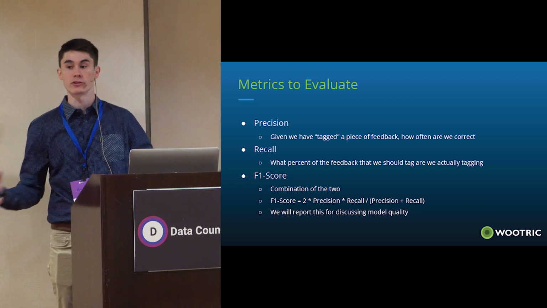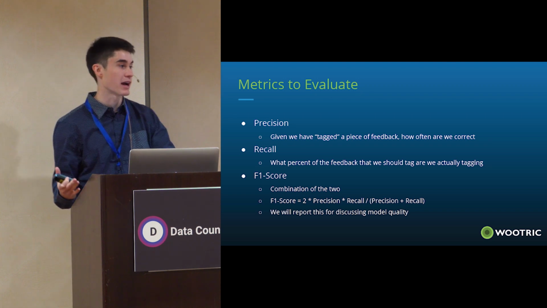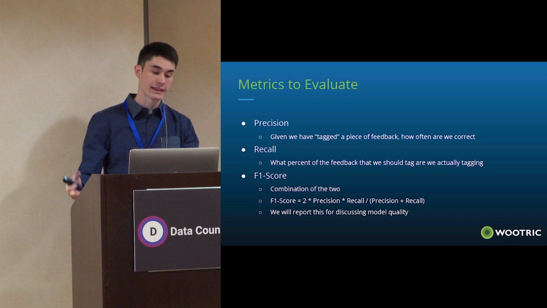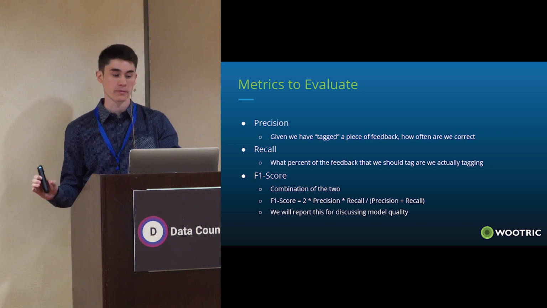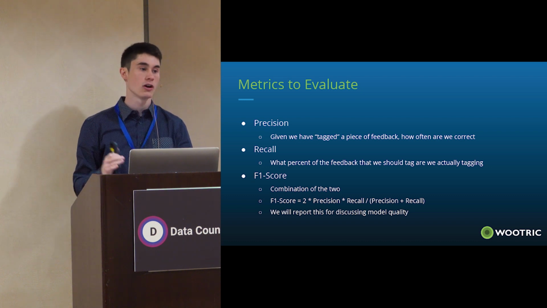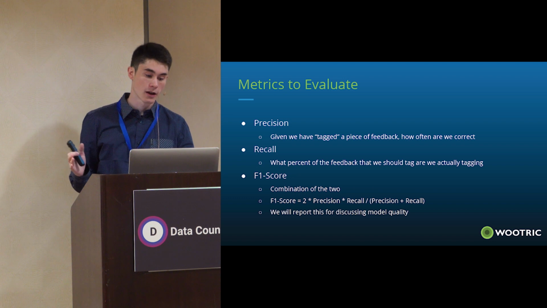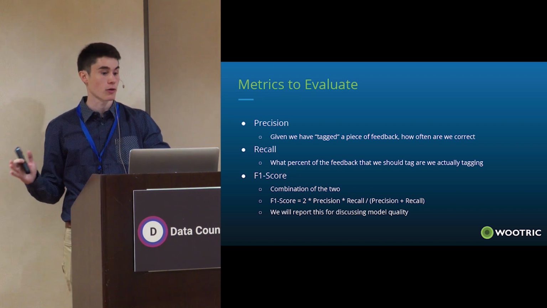So this is more of a coverage metric that tells how much of the feedback we ended up covering. And then F1 score is just an easy way to combine these two metrics into one number. And so the equation for it is right there, 2 times precision times recall, over precision plus recall. And we'll be reporting F1 score when we report our results for our models.